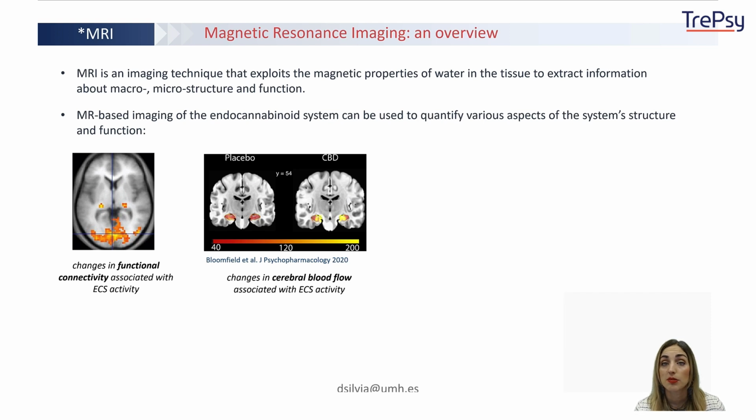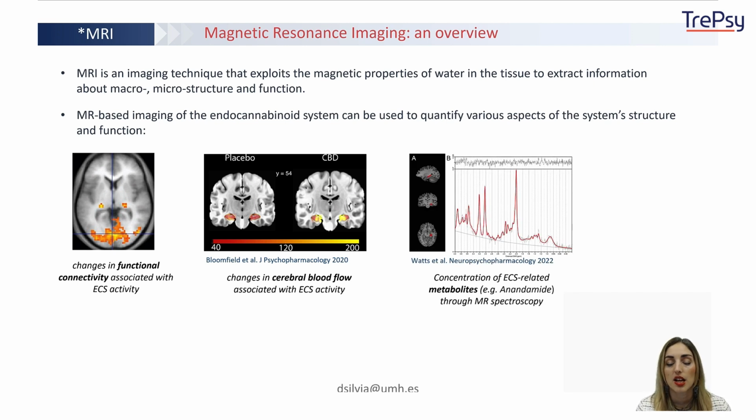Another technique that is pretty widely used, due to the role of the endocannabinoid receptor in regulating blood flow and dynamics, is the sequences based on imaging cerebral blood flow associated with endocannabinoid system activity. I also talk a little bit in this class about spectroscopy.